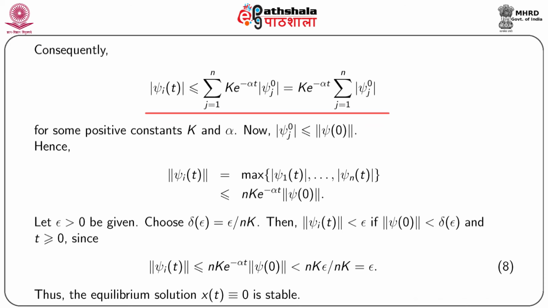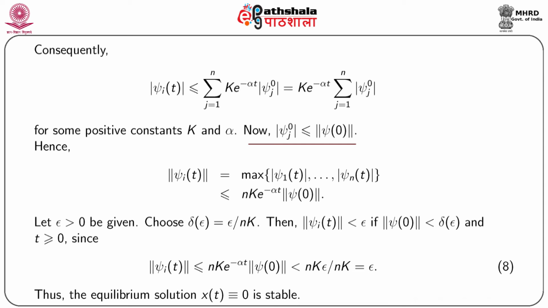Consequently, the modulus of psi_i(t) is less than or equal to the summation j equal to 1 to n of K e to the power minus alpha t times the modulus of psi_j(0), which is equal to K e to the power minus alpha t times the summation j equal to 1 to n of the modulus of psi_j(0), for some positive constants K and alpha.